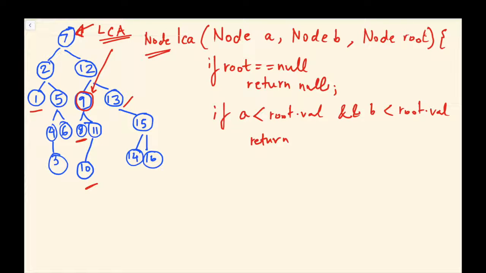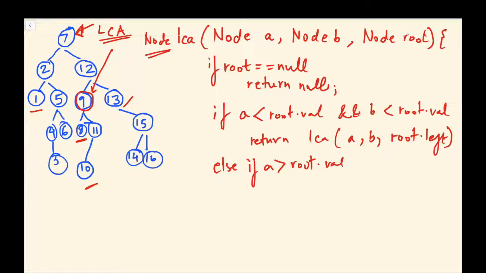So we say, return LCA of A and B, and now go and search the left subtree. Else, if both A and B are the reverse, which is both A and B are greater than the root value, then we explore the right subtree.